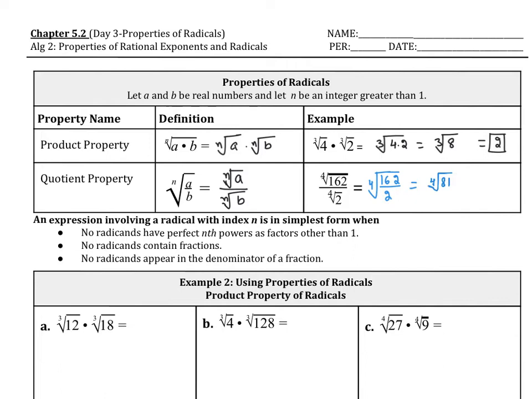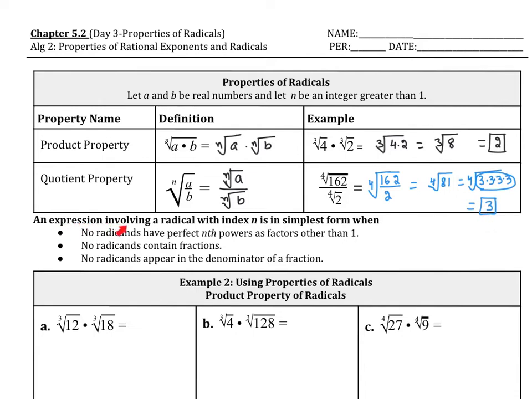The fourth root of 81 is 3, or you can write this as 3 times 3 times 3 times 3. They make a group of 4, and they get out of the radical symbol, and the answer is 3. Or you can just see that the fourth root of 81 is 3.